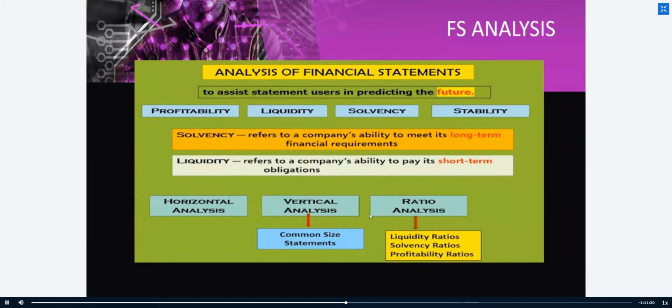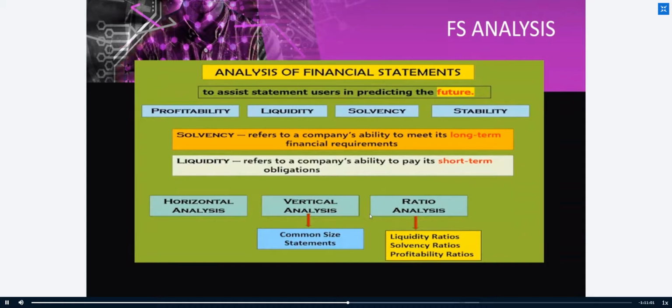So remember, in horizontal analysis, we're comparing two different periods of the same company, and then we compare it with the company within the same industry. So take note of that, class, in order for these techniques to be effective, you have to compare only with the companies within the same industry.